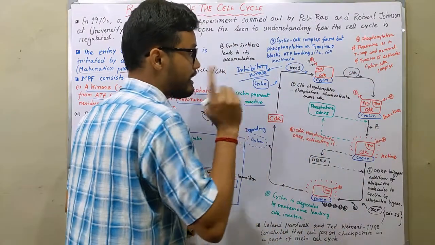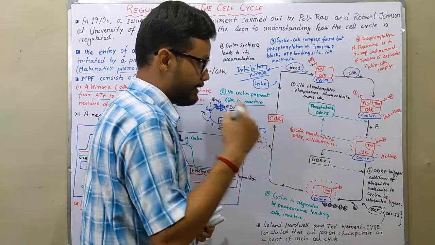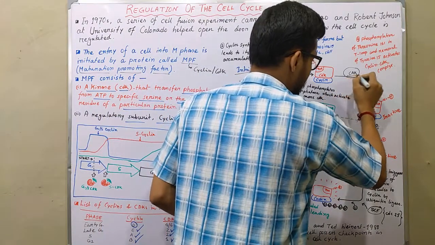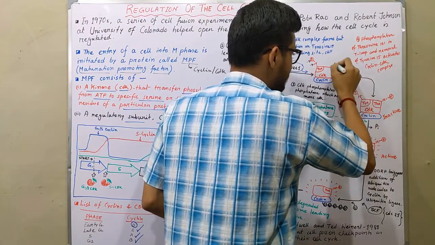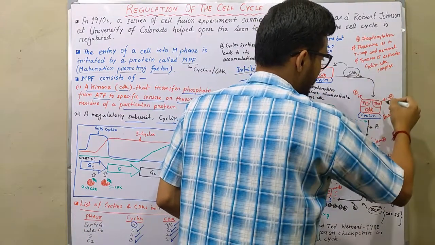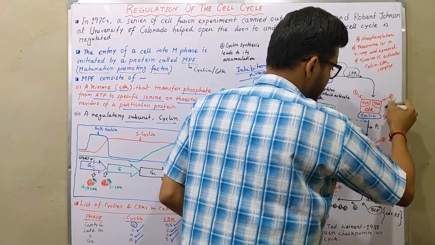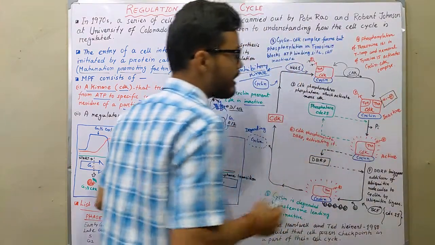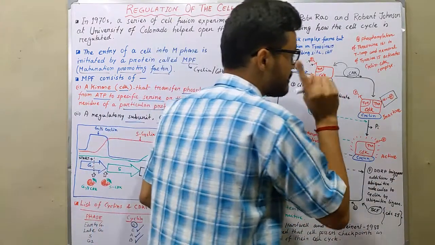The next important kinase is CAK. The full form of CAK is CDK activating kinase. So this CAK activates this particular CDK, and it phosphorylates the threonine 161 residue. Okay, so it phosphorylates threonine 161.